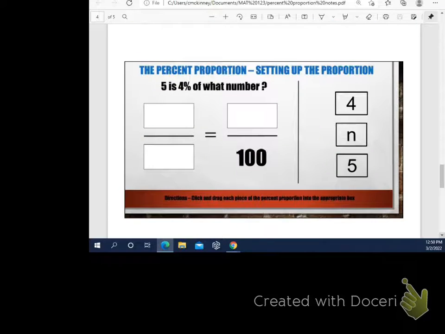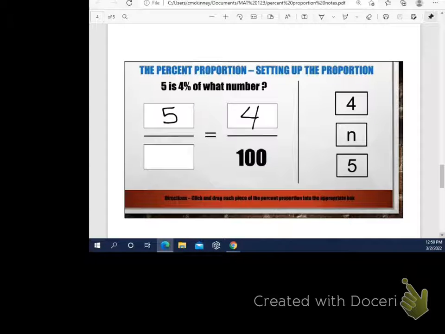All right, 5 is 4% of what number? Again, I see my percent, so I know my 4 is on the top because it's the percent. It has to be on top of 100. Is the 5 going to go on the top or the bottom? The top.